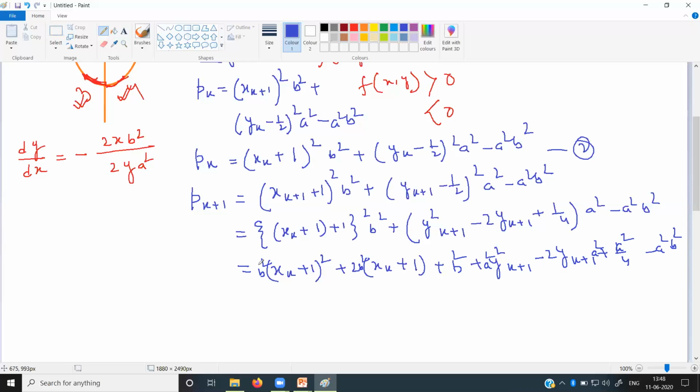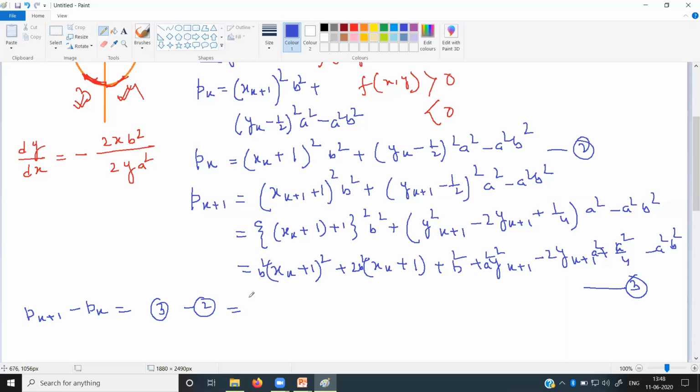So this is the term for k plus 1. Let us say this is 3. Now, if you find the difference between p of k plus 1 minus pk, you can subtract these two parameters. If you subtract equation 3 minus 2, what will you get?